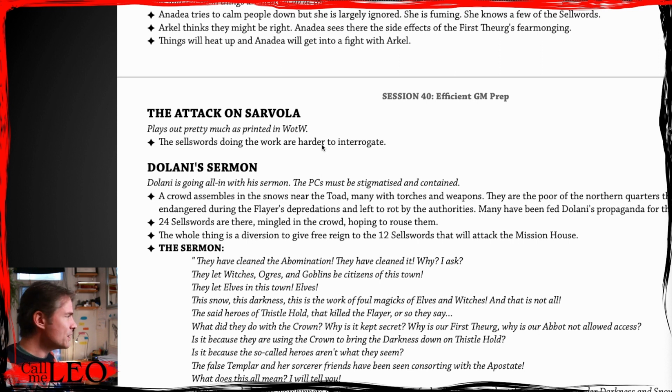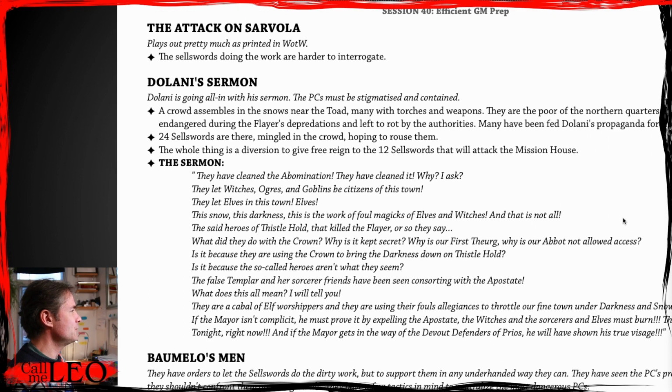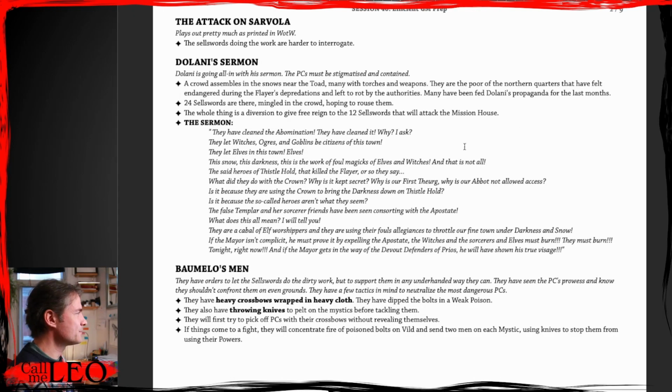And now they were rushed, and so they did it right away. And now the mission is burnt down to the ground. So here is the sermon of Dolani. This I used. So you see that I decided that the crowd would assemble near the Toad with many torches and weapons. They are the poor, so I know who these people are.